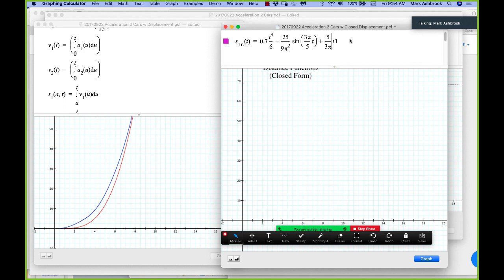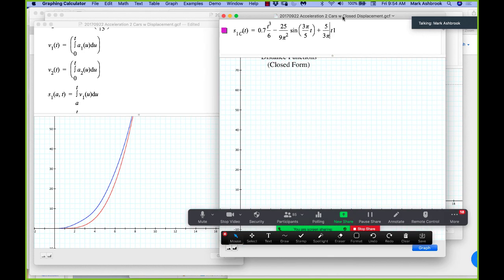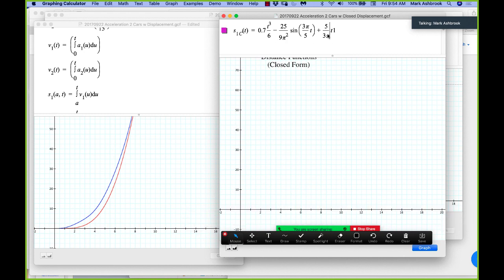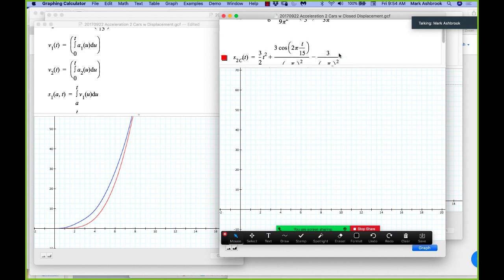They look a little complicated, but their bark is worse than their bite. They're not that bad. We've got a cubic, a linear term, and a sine for the first, and then for the second, something similar: a quadratic, a cosine, and a constant. So here are the two closed forms of those same position functions.